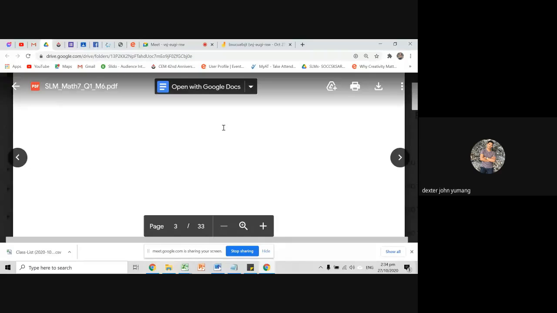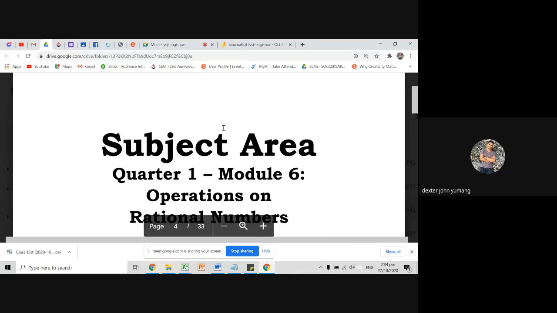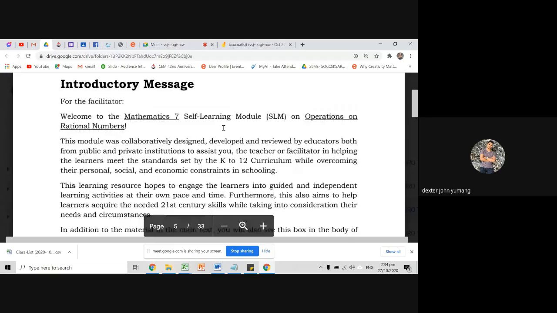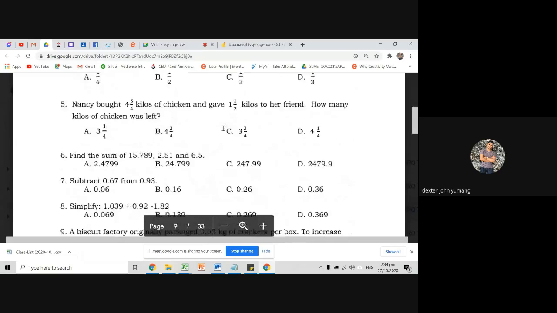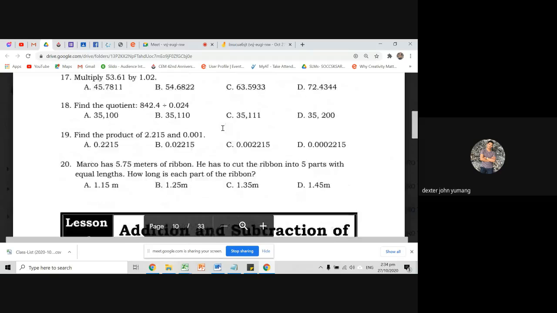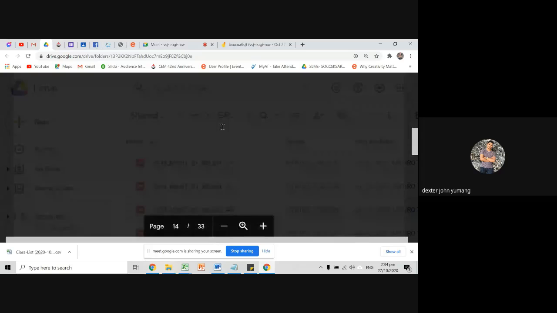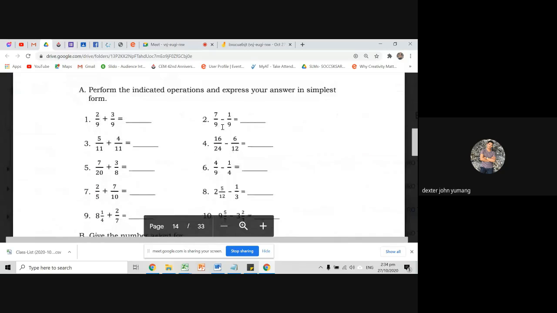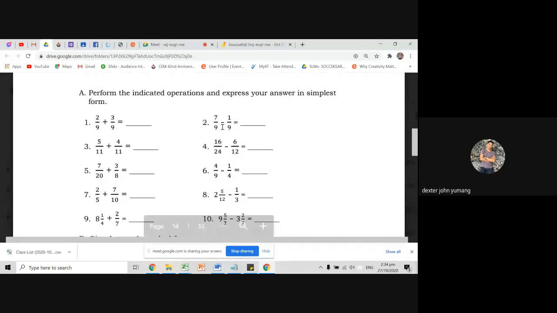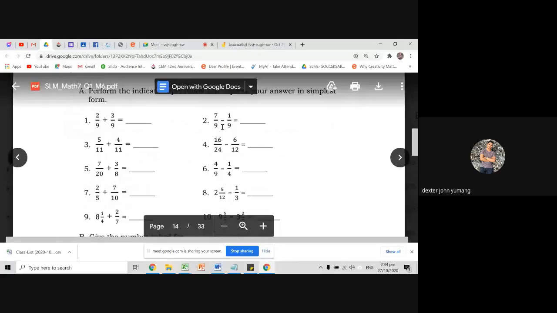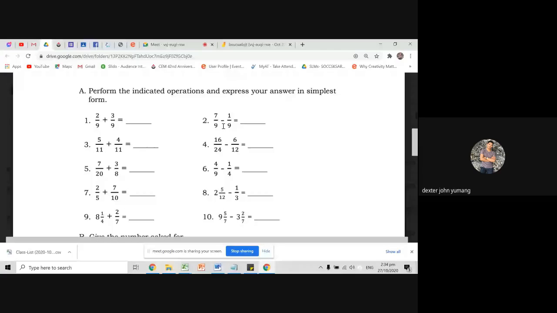For a while, nag-loading pang laptop. Mahinang internet. Ito pa. So, what's more, test A, perform the indicated operations.